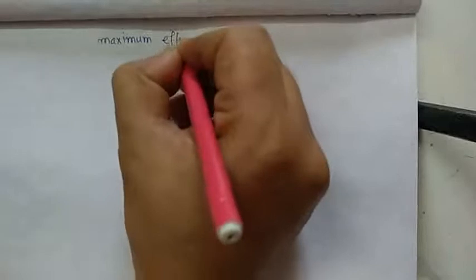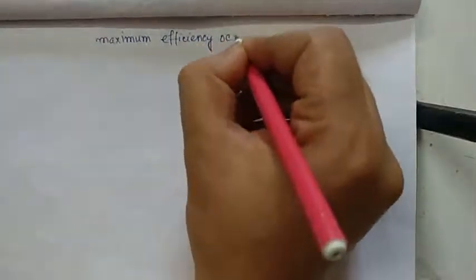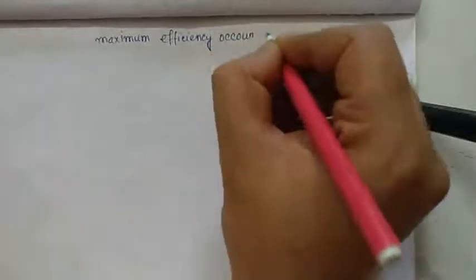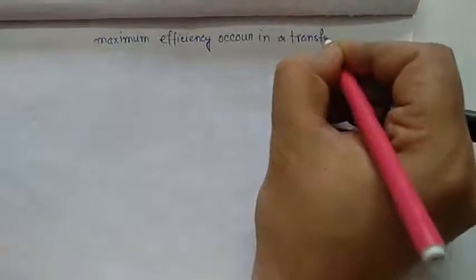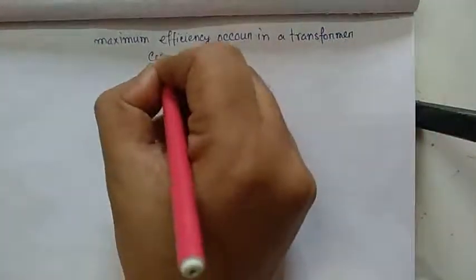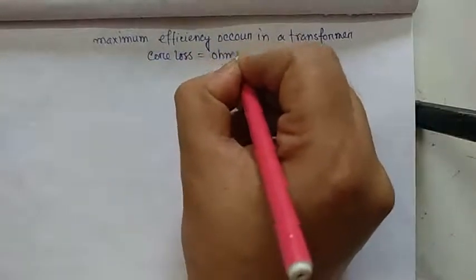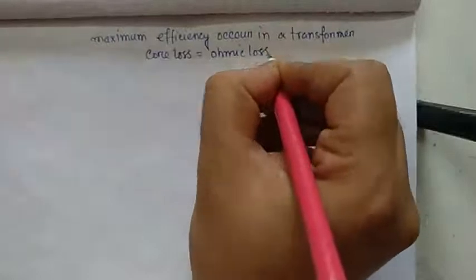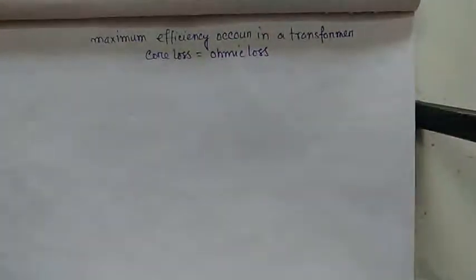So maximum efficiency occurs in a transformer when core loss equals the ohmic loss, or constant loss equals the variable loss.